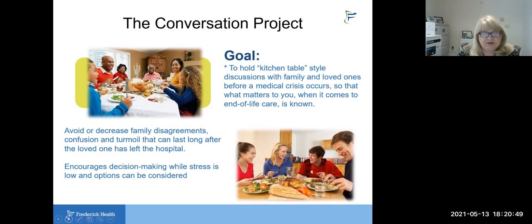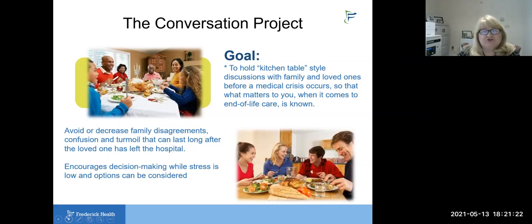And one of the things that we see at the hospital, and that I've seen when I have worked out on the medical units in an ICU, is that so many times family members are being pulled apart during a time when they really should be pulling together. Many times there are family disagreements, people don't remember things the same way, and there's confusion and turmoil that really has torn families apart during the time when someone is in the hospital, and it lasts long after the hospitalization.